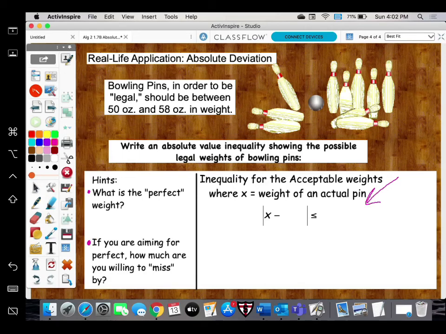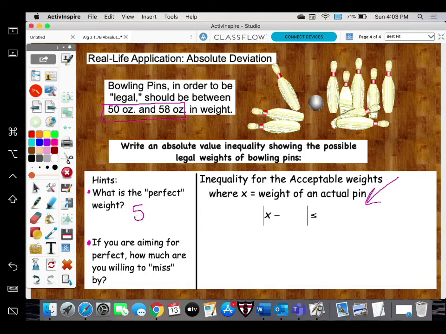X is going to represent the actual weight of a pin. If we pick up a pin and weigh it, what is it actually going to weigh? That's what X is, and we want that to be within so many units of the ideal weight. If they can be between 50 and 58, what's in the middle? 54.